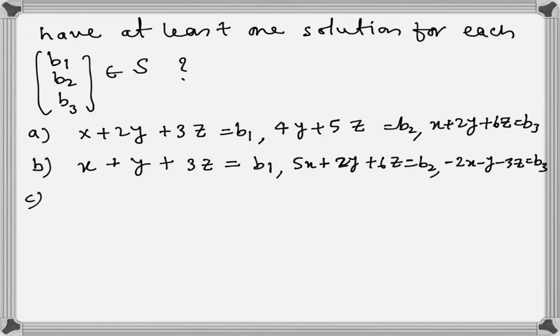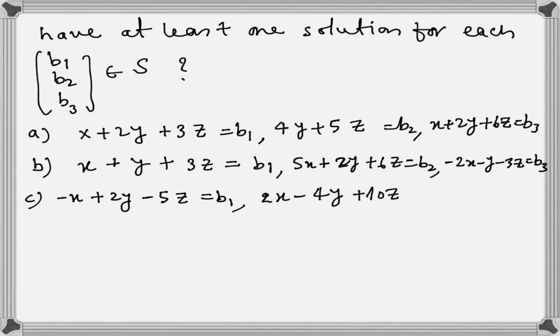C part is minus x plus 2y minus 5z equals b1, 2x minus 4y plus 10z equals b2 and third equation is x minus 2y plus 5z equals b3.